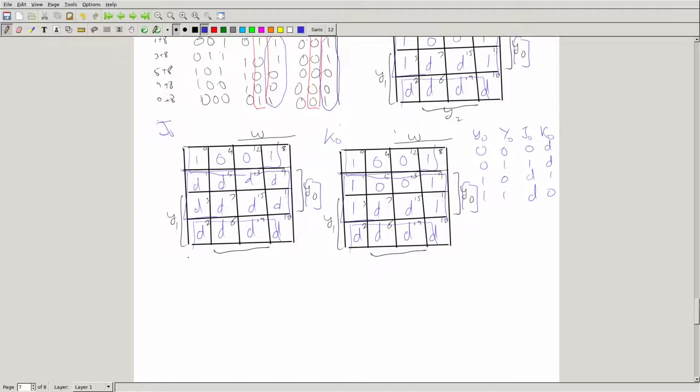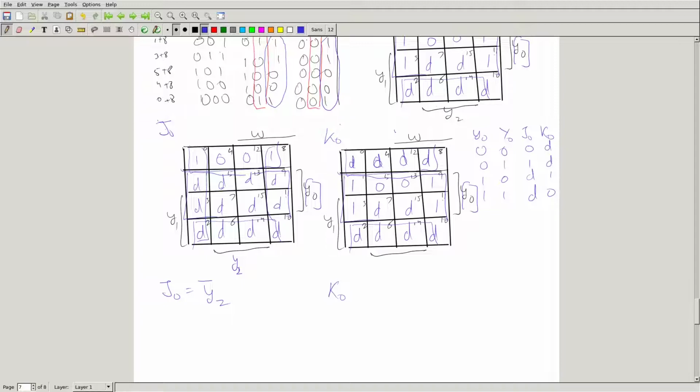So here we can write j0 in terms of these 2 big groups, y2 bar. And for K0, what we can do is wherever y0 is 0, there we have don't care. So we'll convert this to don't care, don't care, don't care, and these are already don't care.